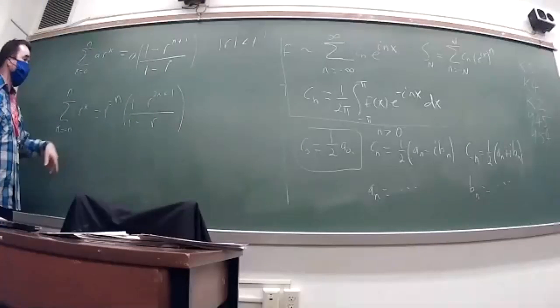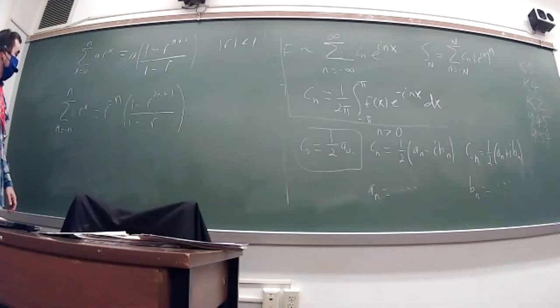So this is the general formula for the partial sum of a geometric series.